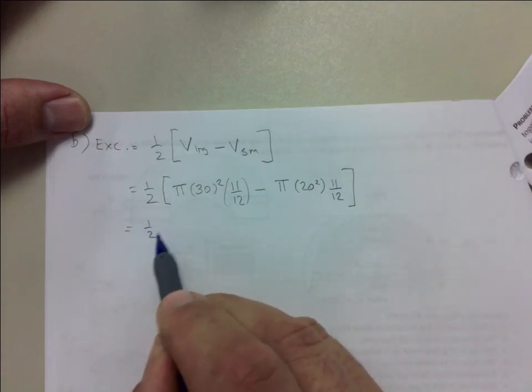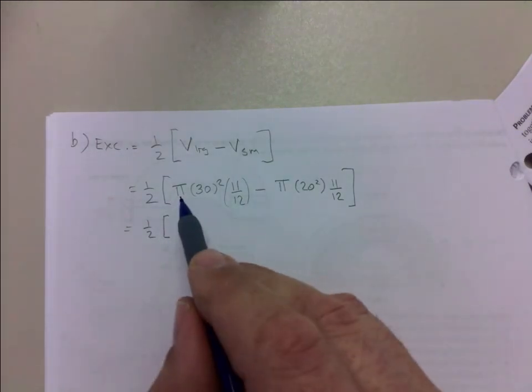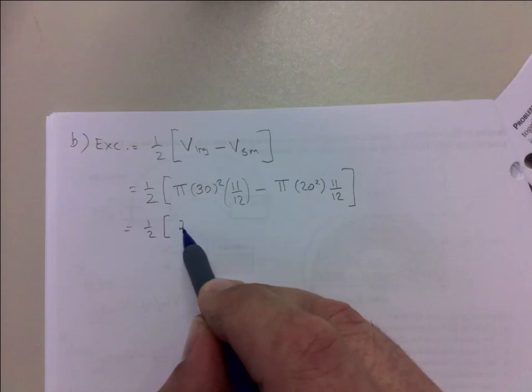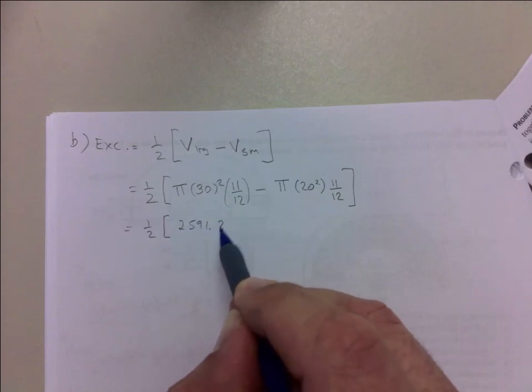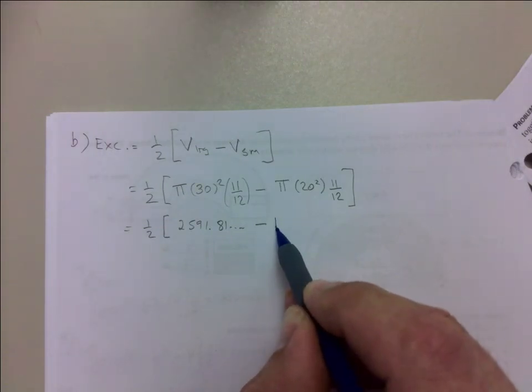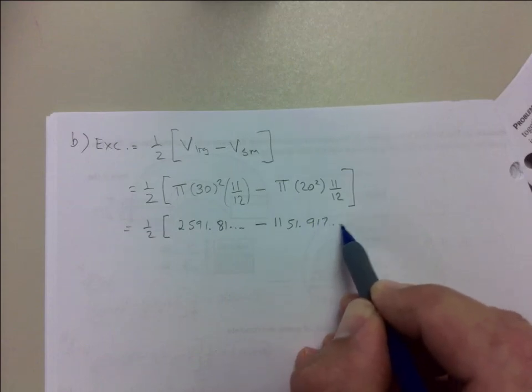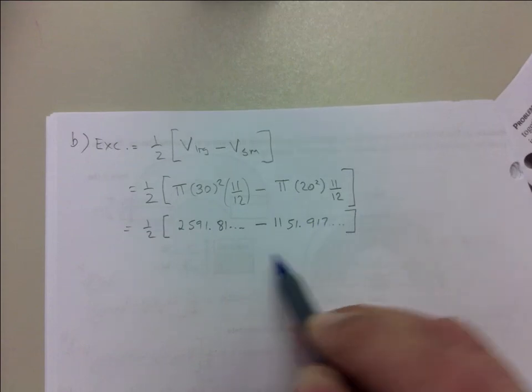So that's half. I'll just give you some numbers here. If I type this in correctly, you get 2591.81 something minus. Because of typing in at this point, I'm going to leave that in your hands, okay? The process is the most important piece right here.